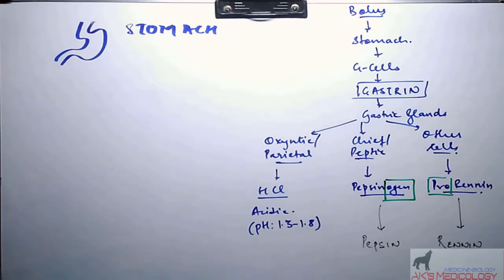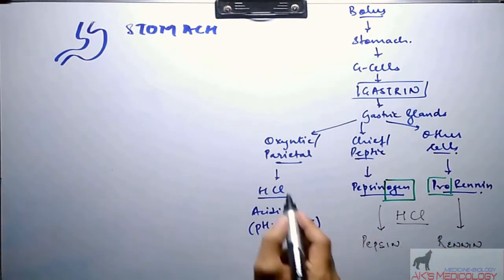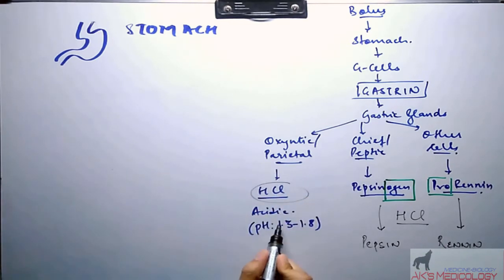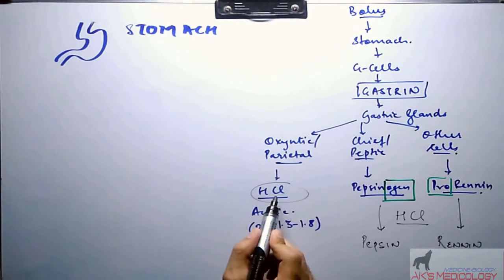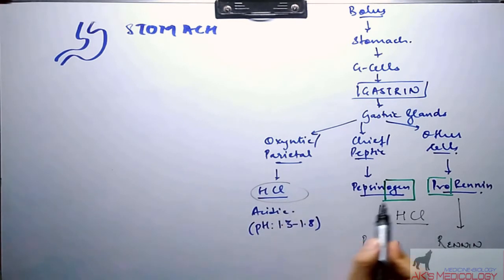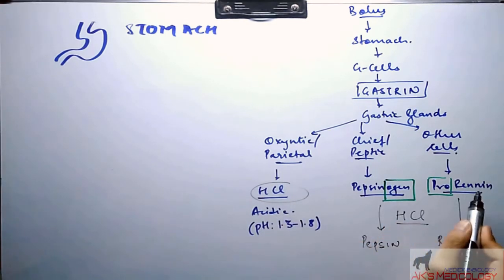And both of these are activated with the help of hydrochloric acid. This acidic medium provided by hydrochloric acid is important for the conversion of pepsinogen and prorenin into their active forms, that is pepsin and renin respectively.